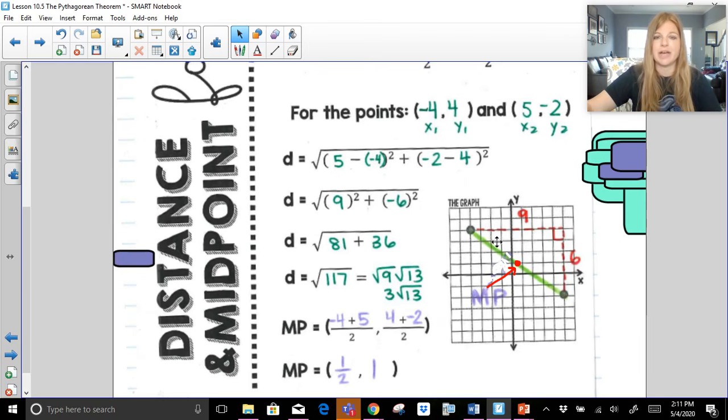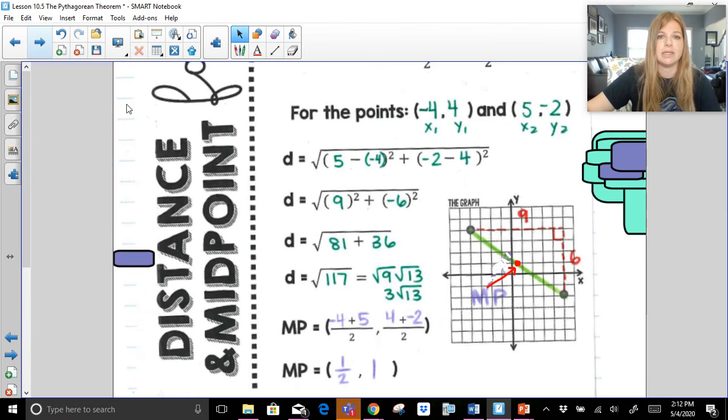So if I wanted to find this length here, I could do 9 squared plus 6 squared equals c squared. Look at the distance formula. We actually did that: 9 squared plus -6 squared, which gave us 36. We add those two together and then take the square root. In the Pythagorean theorem, the same thing happens as in the distance formula. It's really the exact same idea.